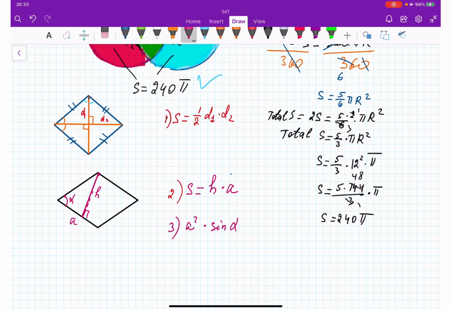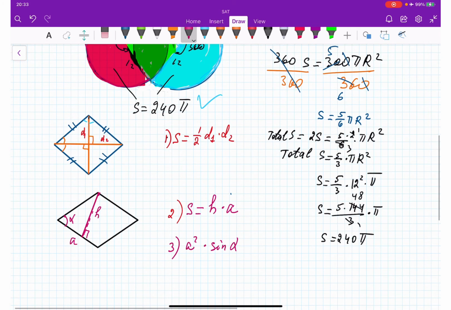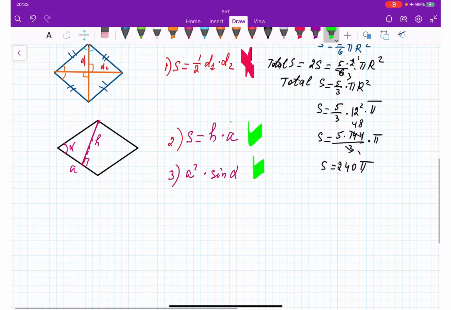Okay? Since we don't know the diagonal, this is not going to be our case, but we can use either this one or this one. We can use either number 2 or number 3.